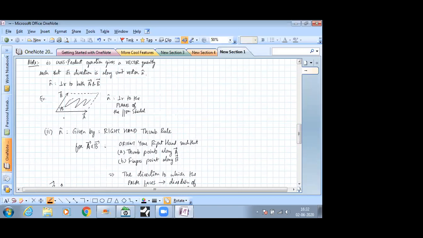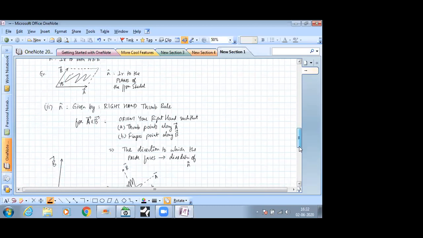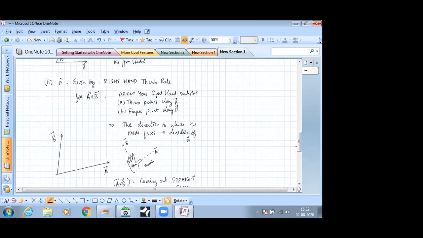So for the direction of n cap, it can be into the plane or coming out of the plane. How do we determine which one of the two it is? We determine it by this particular rule, which is called the right hand thumb rule. Just note down the rule first and then we'll go through the two examples once again and you will not have any difficulty understanding.